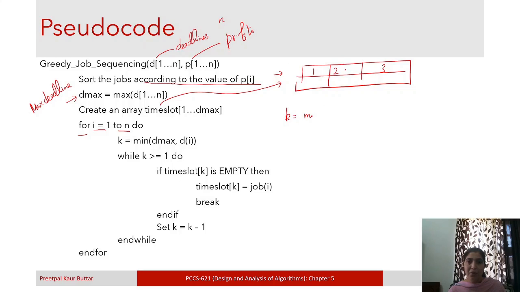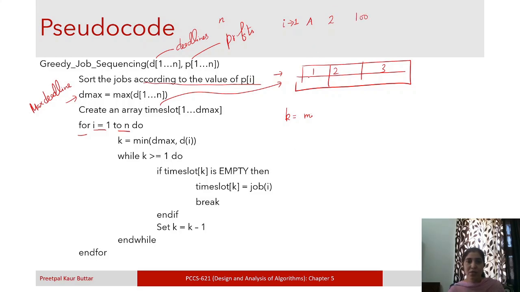Let me take an example to explain this. In the previous example, let us say I is equal to 1. It means we are at the top of the array. At the top of the array we had job A, and job A's deadline was 2 and its profit was 100.